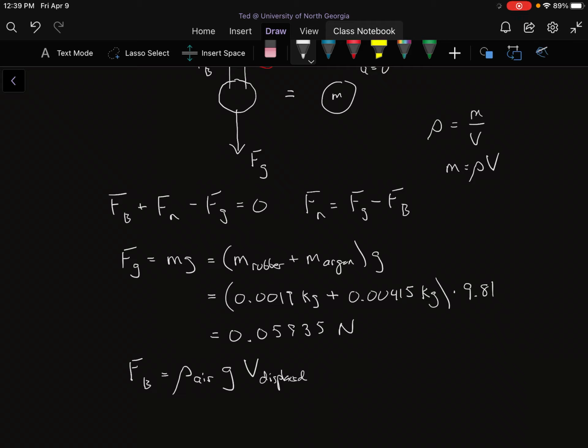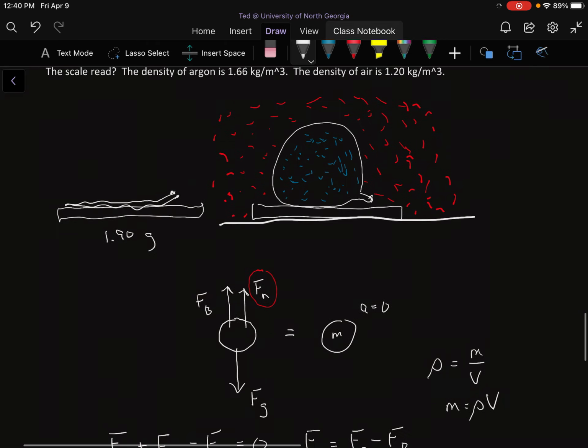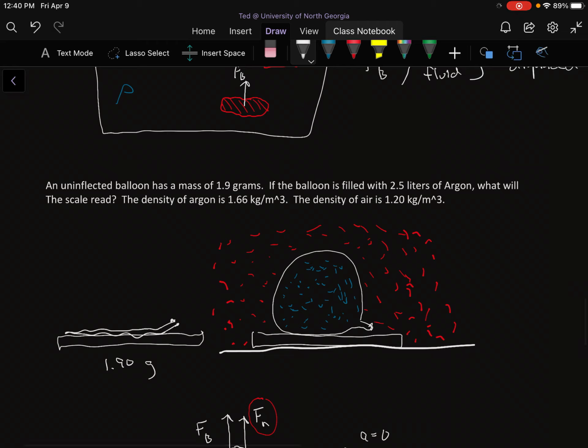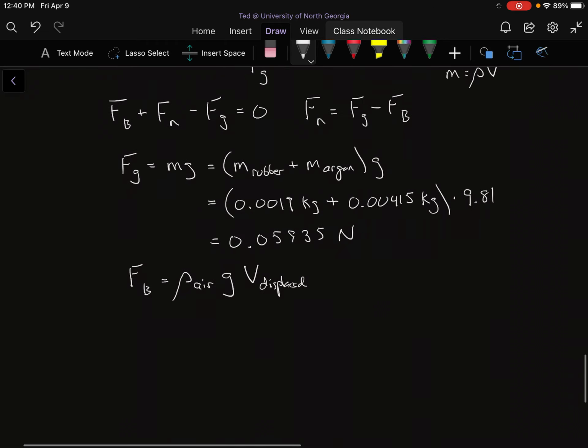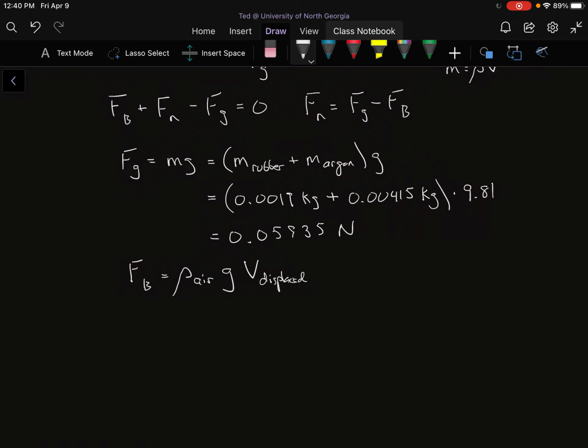That is the volume of how much volume is under air, how much volume is inside the air. And in this case, that's all of the volume. This entire balloon is under air. It's kind of like saying underwater, but it's not water, it's air. So the entire 2.5 liters is the volume displaced.